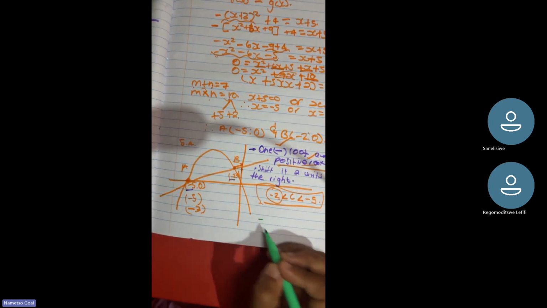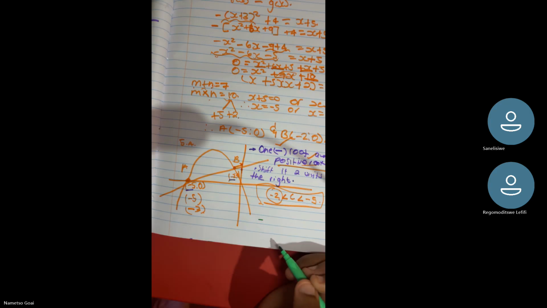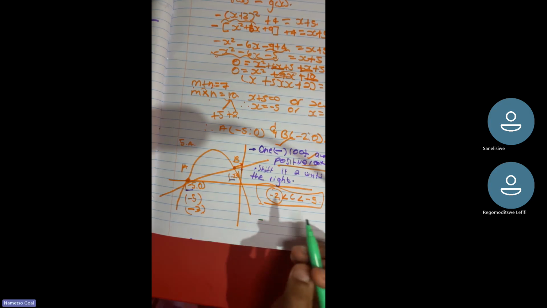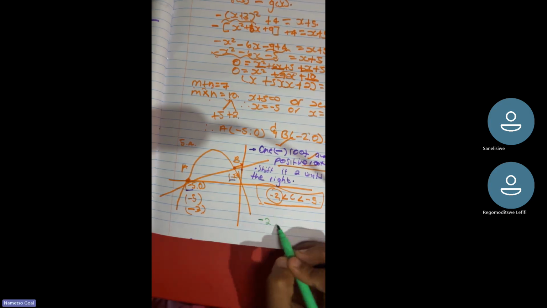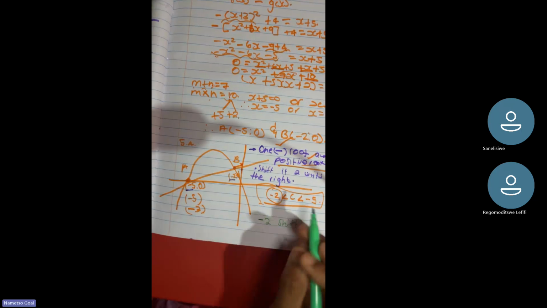I need you guys to know that it's something that doesn't make sense, but if you want to represent a shift to the right, we represent it by a negative. Do you guys understand? It will be a -2 shift on the graph.